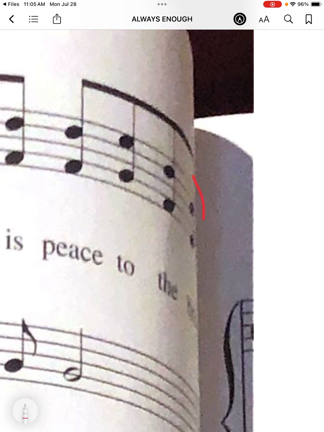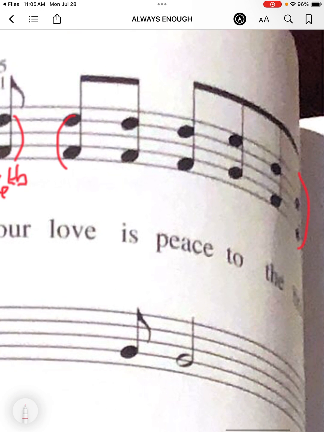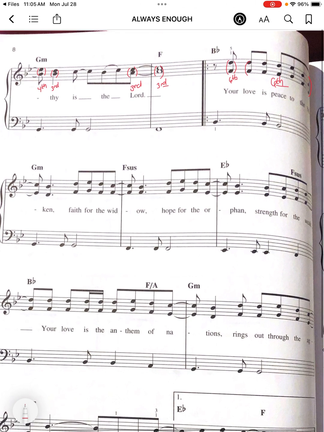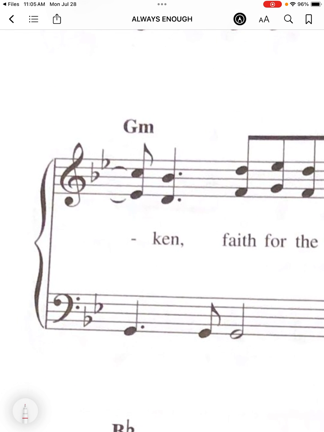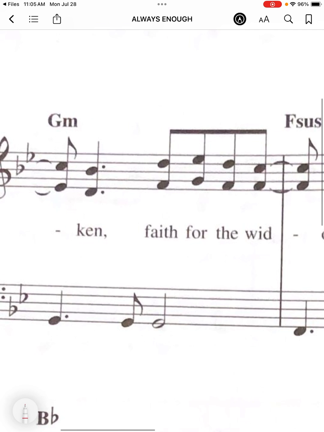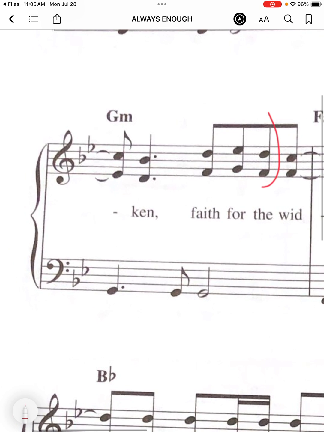I think these all moved up to sixth if I'm checking. All these, for the most part on this will be sixth. They look like they moved up to a sixth for the most part, except the last note on this measure here. Sixth.